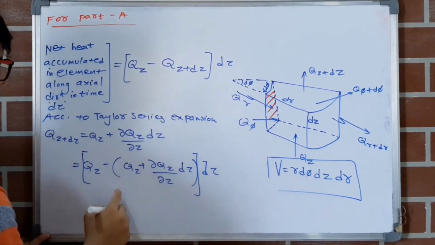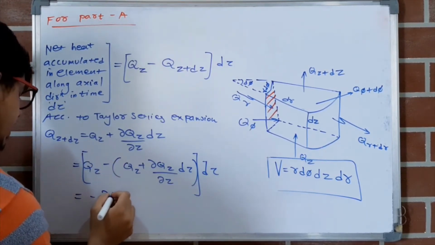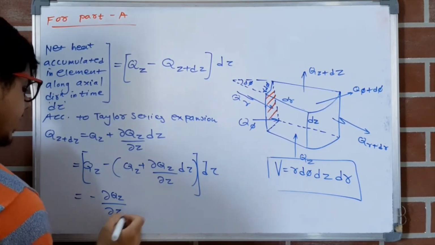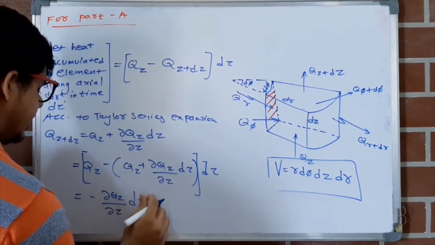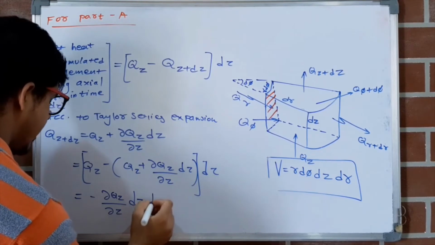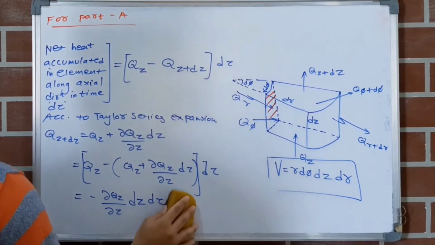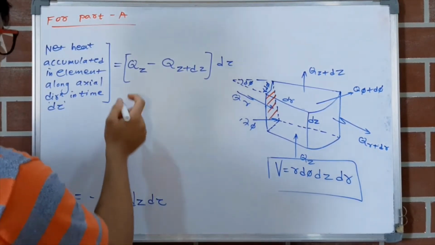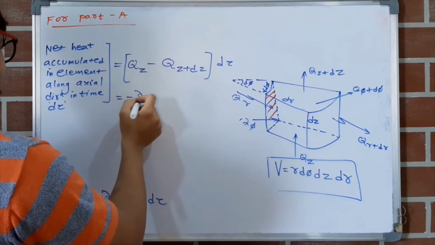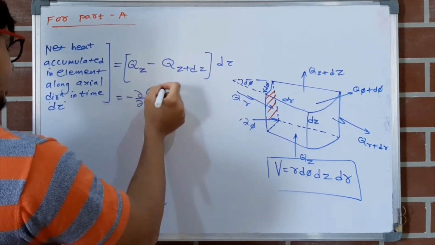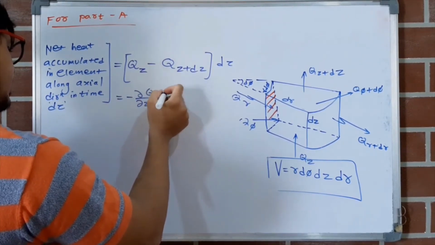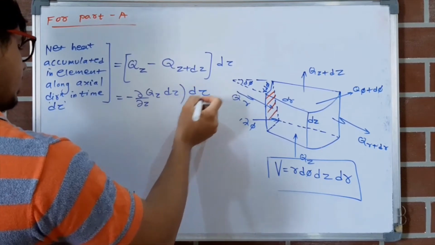If you open this bracket, we get minus of ∂qz by ∂z into dz into dτ. Again we will use Fourier's law. First I will write it here: minus of ∂/∂z of qz into dz into dτ.